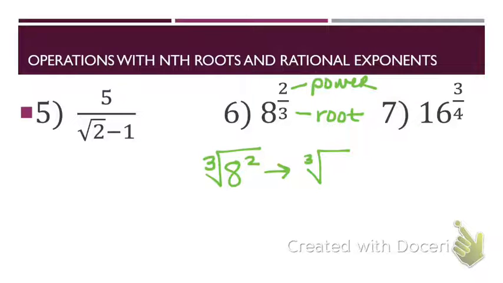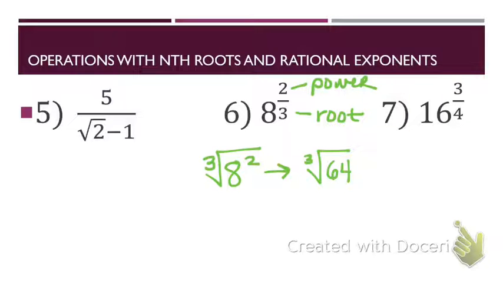So what is the cube root of 64? There is a number that multiplies 3 times to give you 64. So what number to the power of 3 is 64? 4. 4 times 4 times 4, because it's 3. So the square root of 64 is 8, but the cube root of 64 is 4.